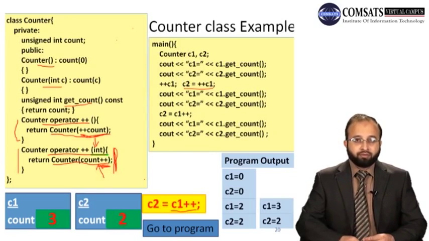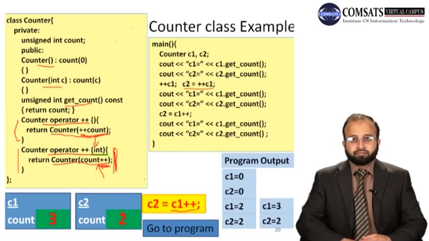And while overloading an operator, it is not possible to change the precedence, associativity, and the number of operands of that operator, right. So in the next lecture we will write some example programs for the unary operators, and then we will come to the binary operators.